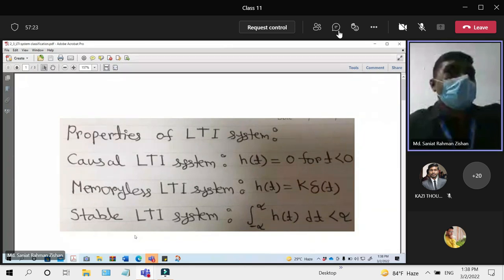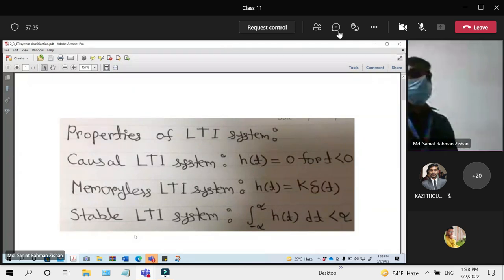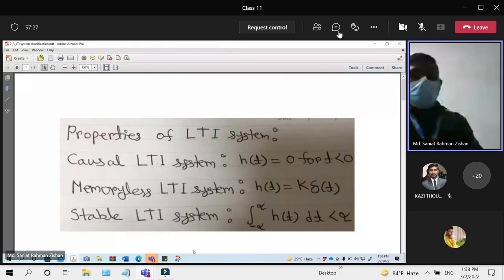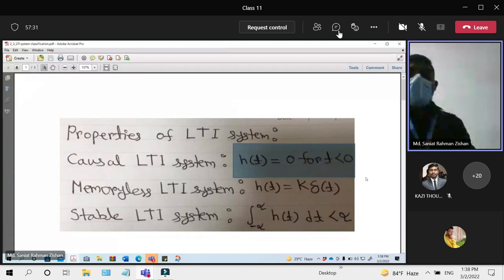So look at the first definition, causal LTI system. What is causal LTI system? If you find h(t) equal to 0 for t less than 0, again chapter 1, causal signal, only positive sided signal. Similarly for causal LTI system, only positive sided system. That means h(t) equals 0 for t less than 0, then the system will be causal LTI.